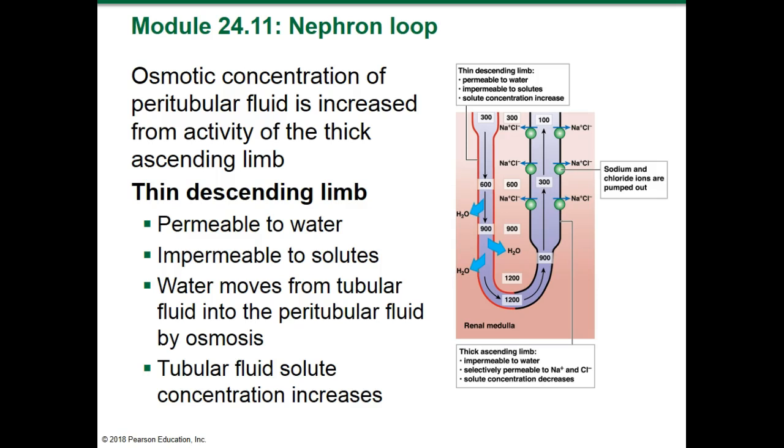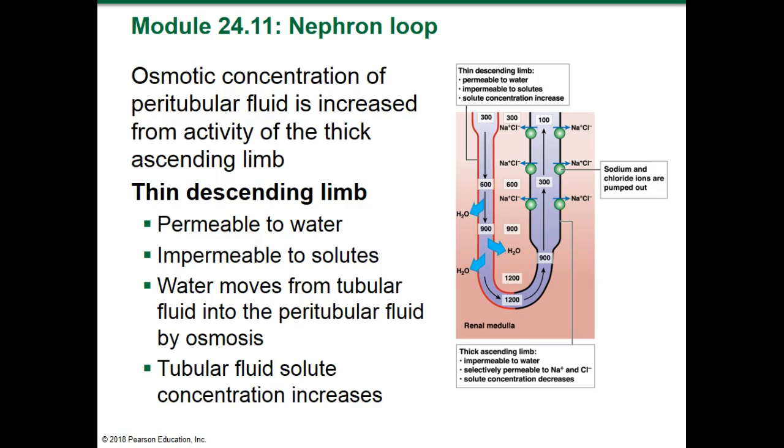And then the thin descending limb is permeable to water, which is over here, but it's impermeable to solutes. So this is permeable to solutes but impermeable to water. This is permeable to water but impermeable to solutes. So you see they're opposite in what they can do. So water moves from the tubular fluid into the peritubular fluid by osmosis, and tubular fluid solute concentration increases. Notice how the number gets larger as we move around.